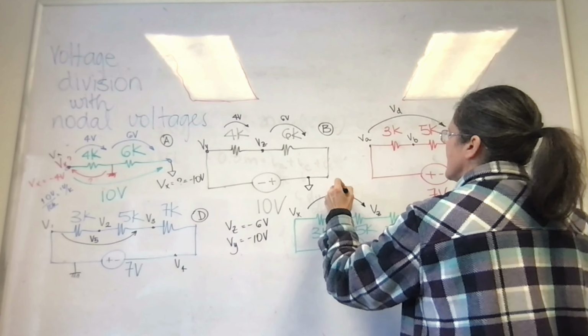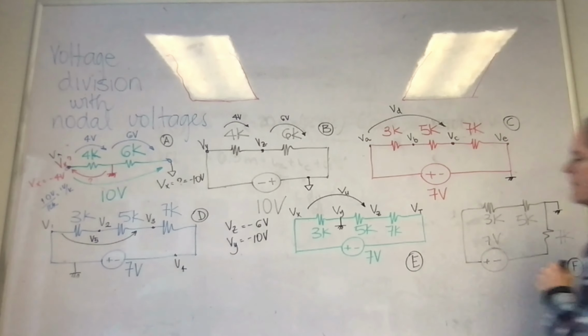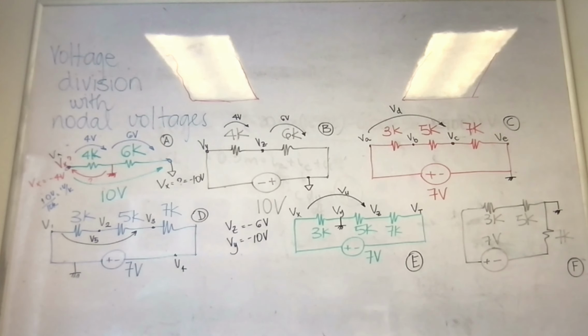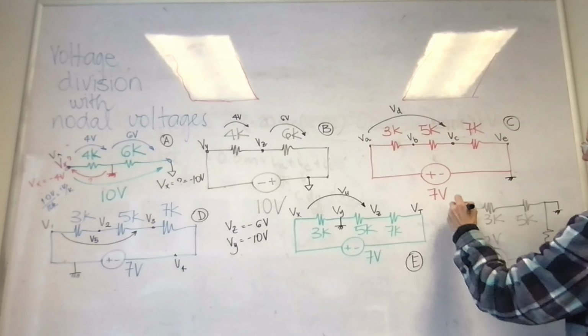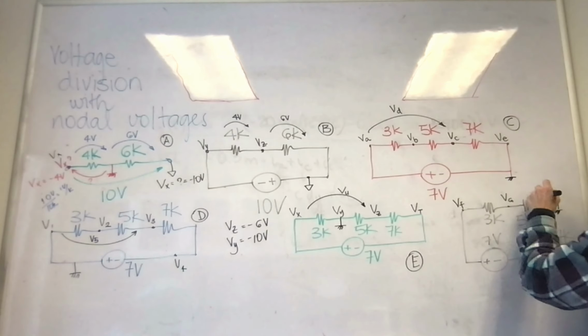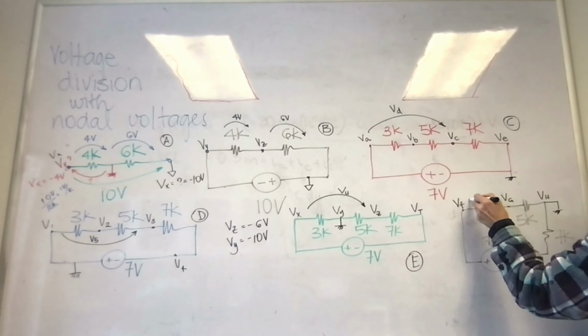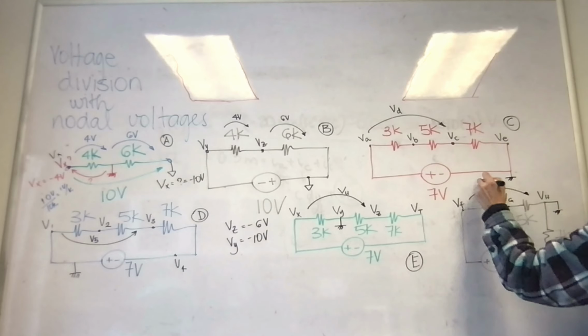And still this one, Vu. And then Bf, Bg, Bh, Vi, and this one is Vj.